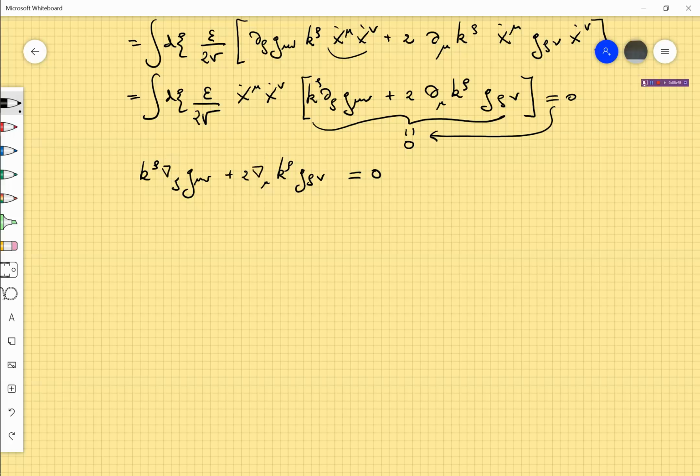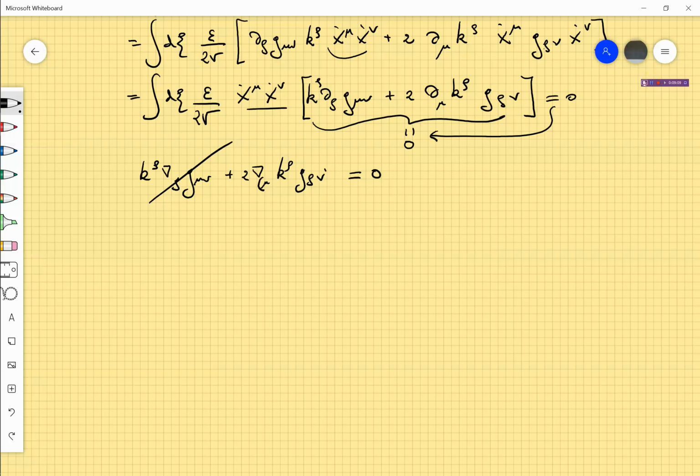This is completely valid. Then this is 0 because it is the covariant derivative with the Levi-Civita connection of the metric, and we can lower the index of rho, and we also have to take into account that okay, this is only the symmetric part in mu nu of this equation that counts, because this is symmetric in mu nu.